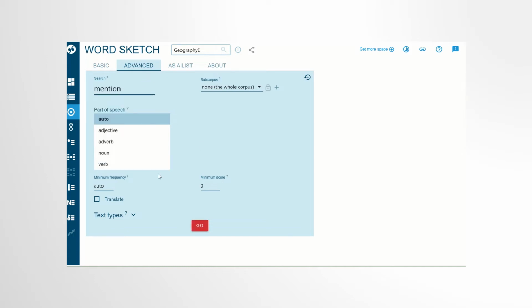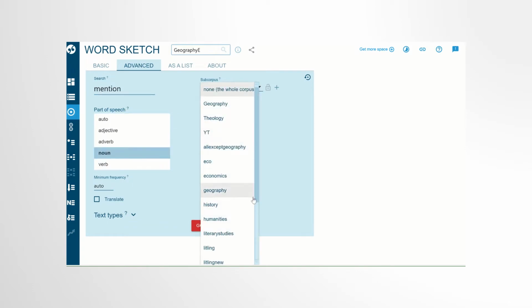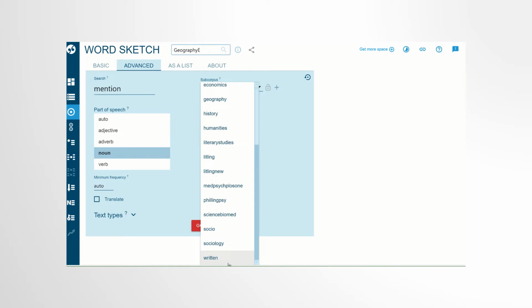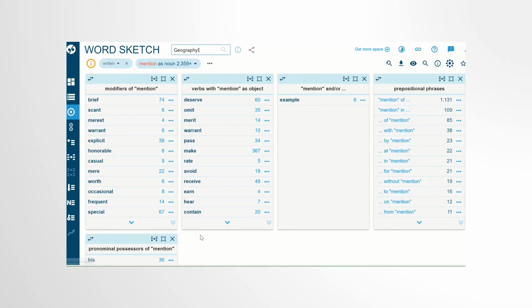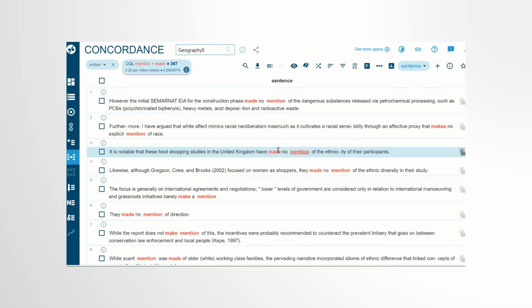Mention, noun, and we're using the written corpus. So we've already seen quite a bit of variation here. One other verb that might be interesting is make. How is make used with mention?